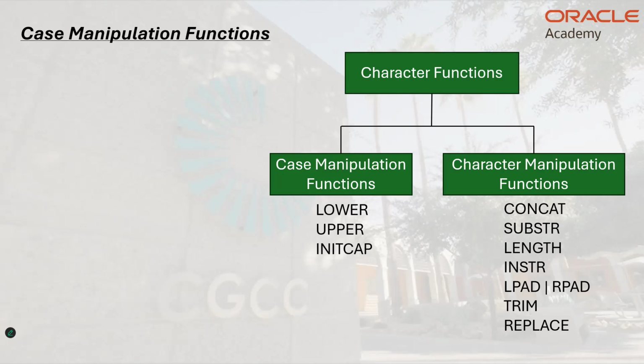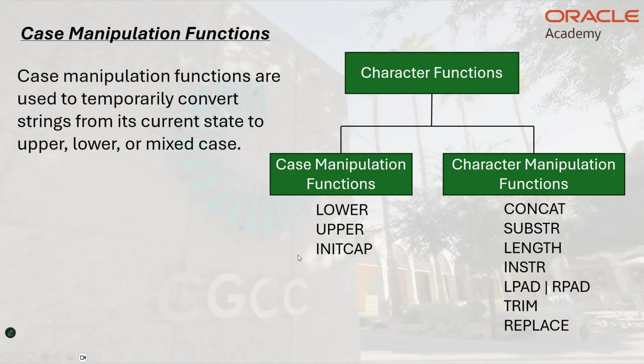The one thing I do want to say about concat, to give you a preview, is that concat has two and only two parameters. You can only concat two strings with this function. In other programming languages, it can be used beyond that, but in SQL, two parameters. And then you have substring, length, INSTR, which stands for in string, LPAD, RPAD, trim, and then replace.